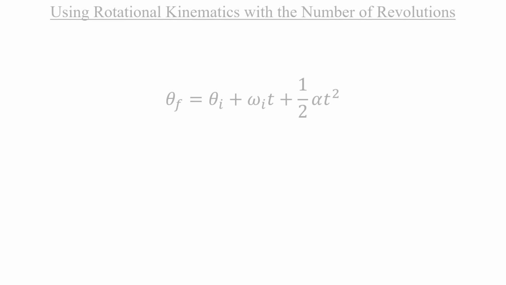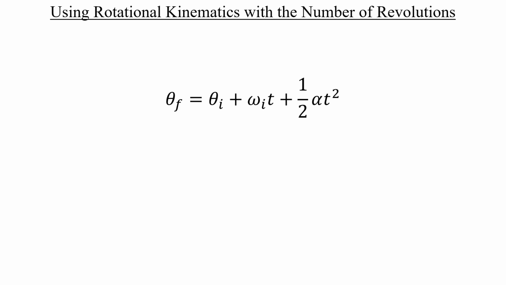Let's grab this rotational kinematic equation. Theta F will represent the 5.25 revolutions that the cylinder spins through before stopping. And since we weren't given any initial number of revolutions before we apply the brake, we can set theta initial equal to 0 and just get rid of it.